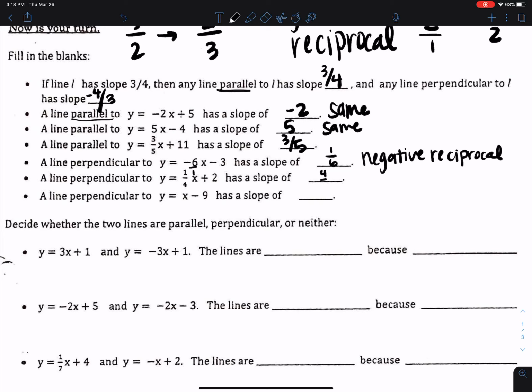We flip it over and make it negative, so on that one, you could have just written negative 4. On the next one, we have a line perpendicular to y equals x minus 9. I'm going to put the 1 over 1 in front of this. If we flip it, it's still just 1 over 1, but we make it negative, so we could just write negative 1.